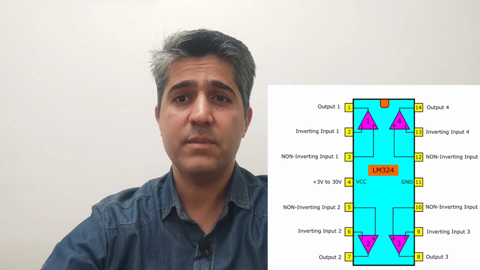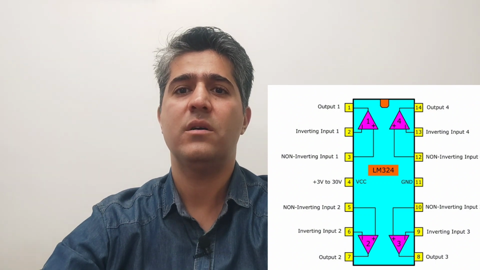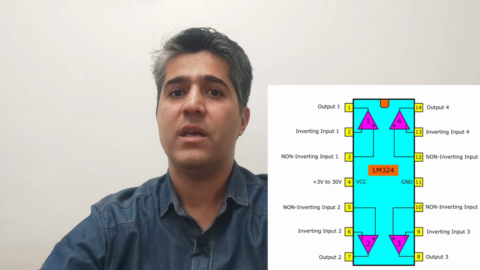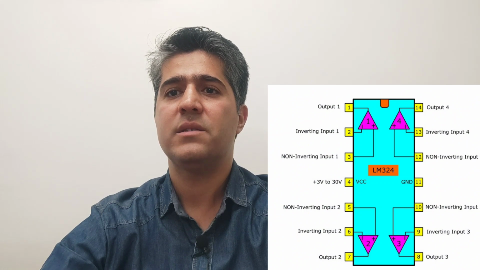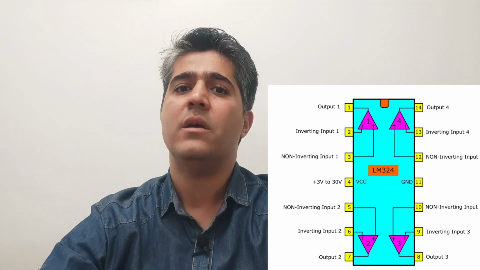Each of the op amps has 2 inputs and 1 output. For example, consider pins 1, 2 and 3: pin 1 is the output of the first op amp, and pins 2 and 3 are its inputs. But keep in mind that one of the inputs is positive and one is negative.